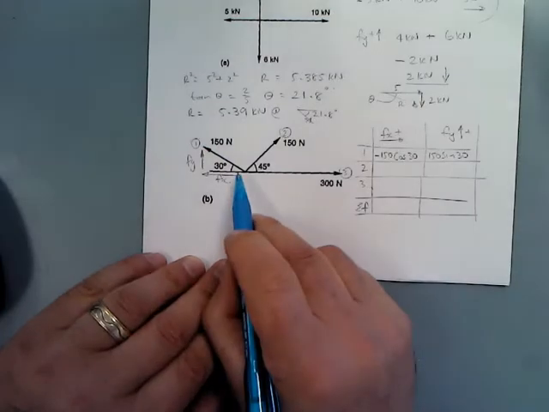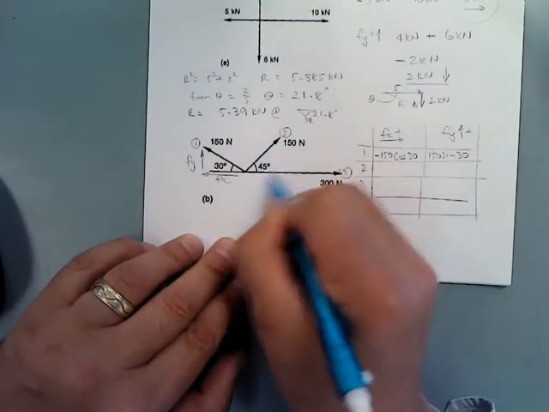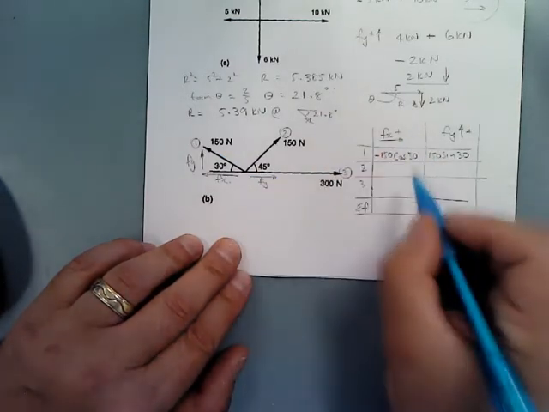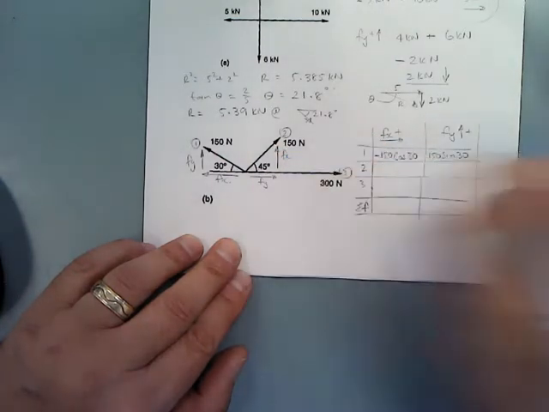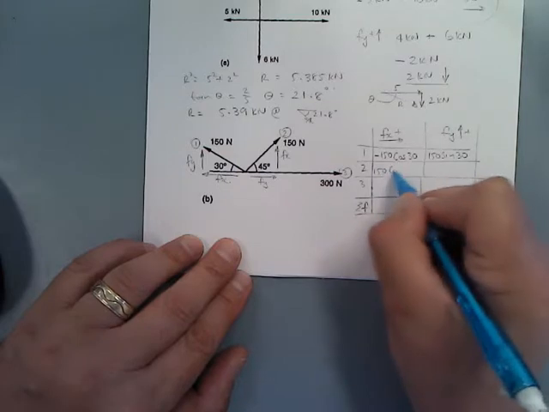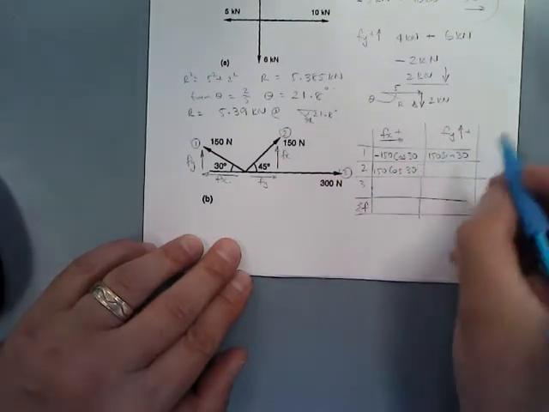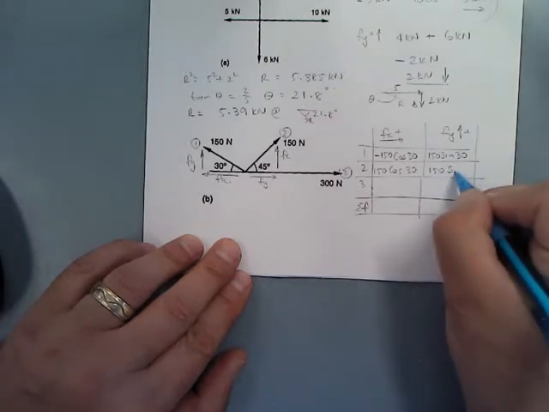Force 2. Now, its horizontal component is to my right, so it's positive, and the vertical component is upwards, so it's also positive. So vertical component 150 cos 30, and the horizontal component is 150 sine 45.